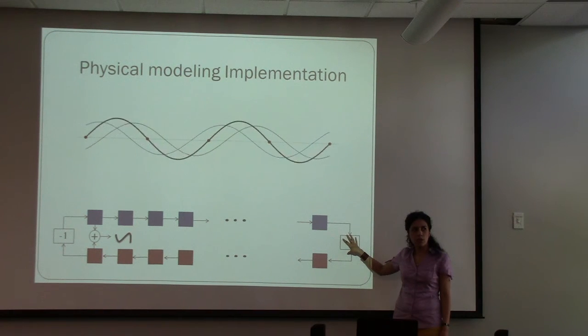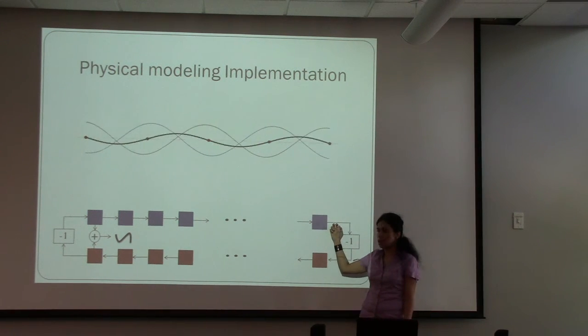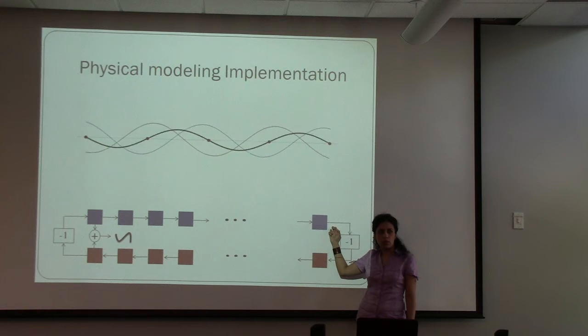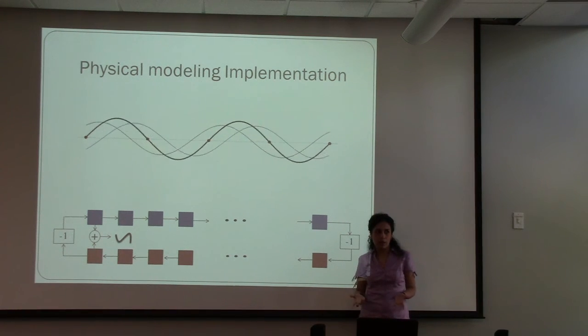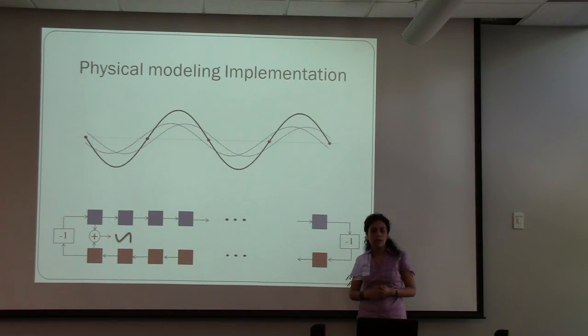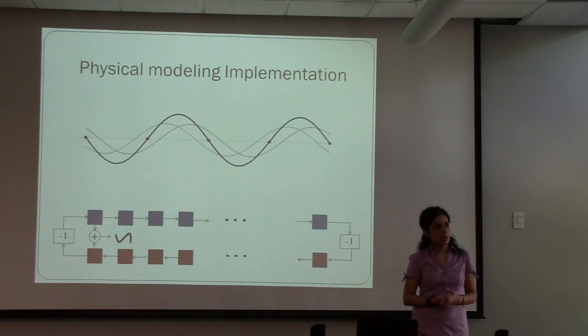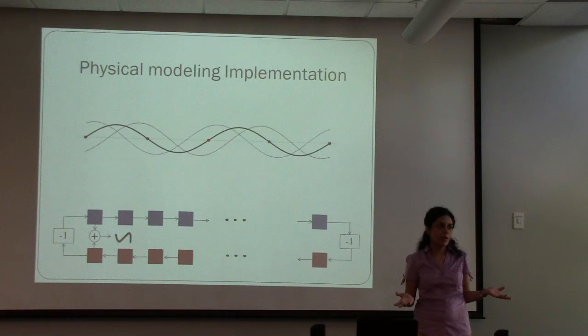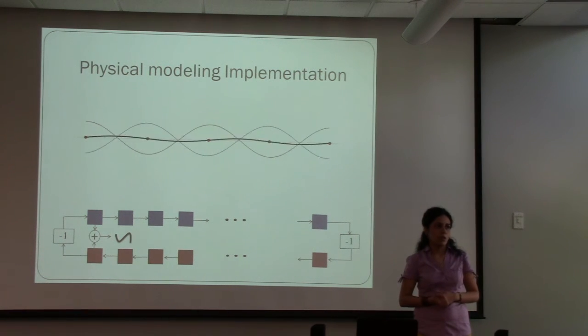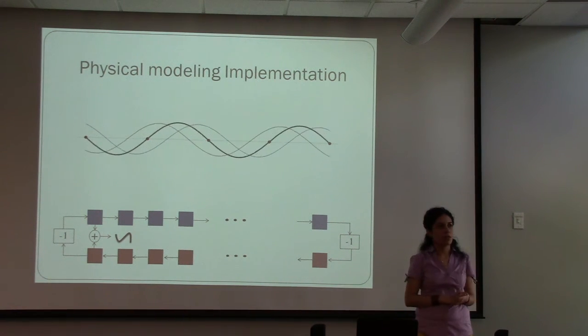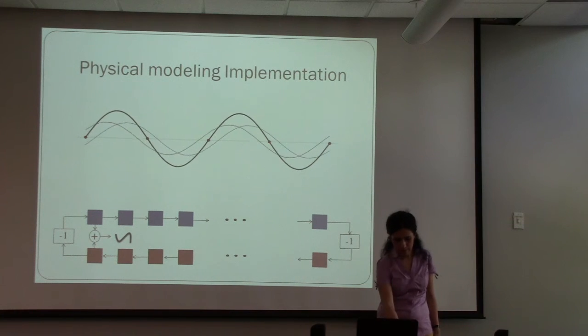Is it a low pass filter? If we have a fractional delay here, for example, we put an all pass filter. We should know those things, and that's our job. We try to get the impulse response of the instrument and then work on it, extract features, and understand what it is.